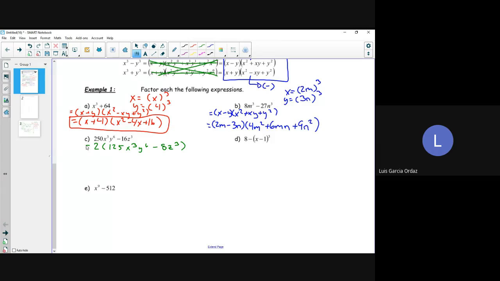Do 125 and 8 have a cubic root? Yes, they do. How can we express 125 in terms of a number to the power of 3?